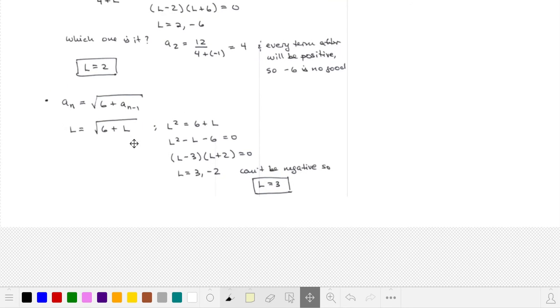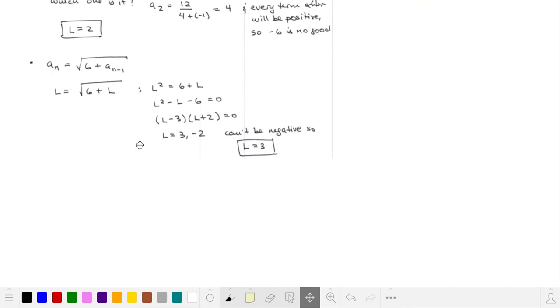And finally, this one's very similar to the homework. Let's find the limit of a sub n as n approaches infinity, where my recursively defined function is this, the square root of 6 plus the previous term. Well, remembering that this limit is the same as this limit, this is my algebraic equation. I can square both sides now. I get L squared on the left-hand side and 6 plus L on the right.